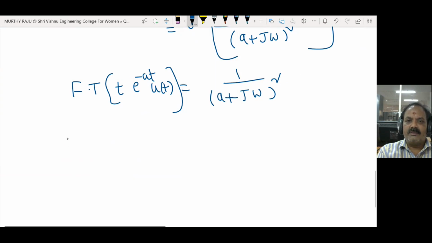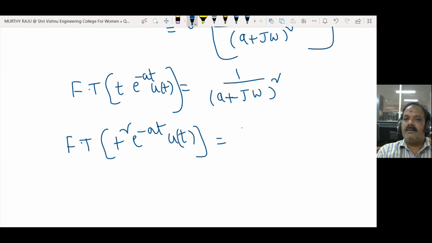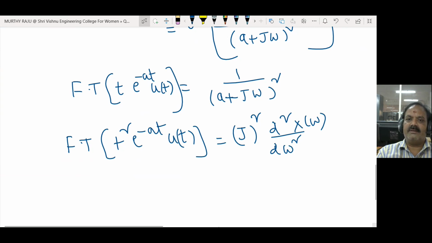Next, the continuation is to find the Fourier transform of t square e power minus at u of t. We know that j whole power n is j square, d square x of omega by d omega square.